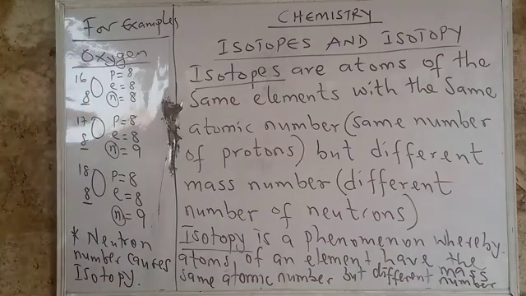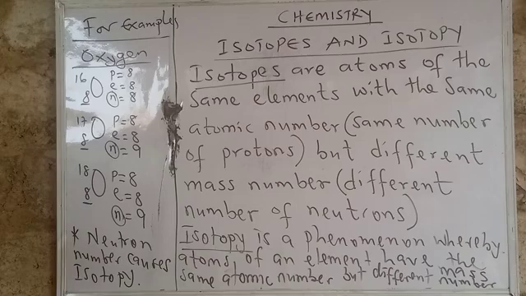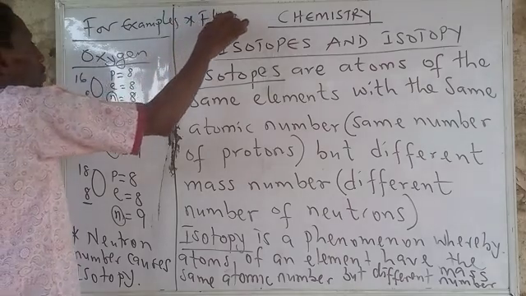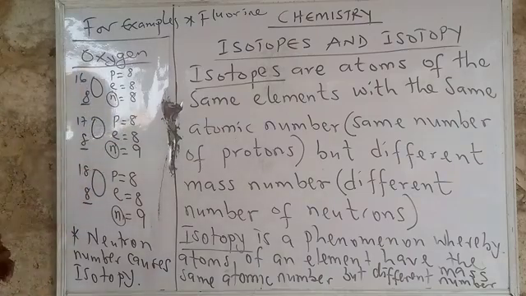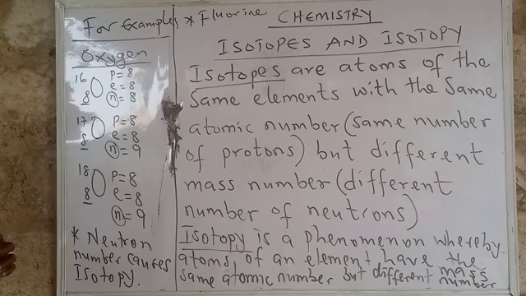All elements have isotopes. All elements exhibit isotopy except fluorine. Only fluorine does not exhibit isotopy, but it has been found out that all other elements exhibit isotopy.